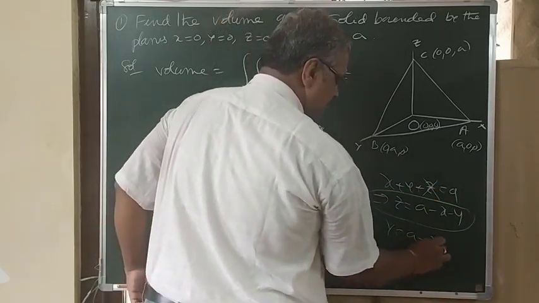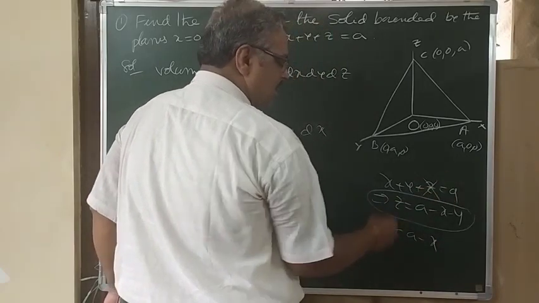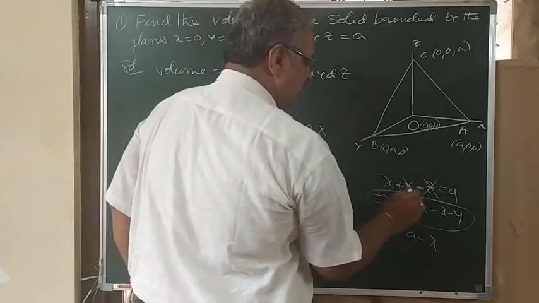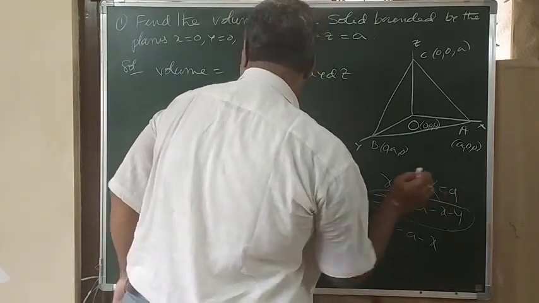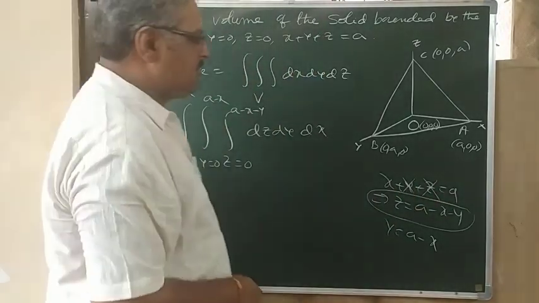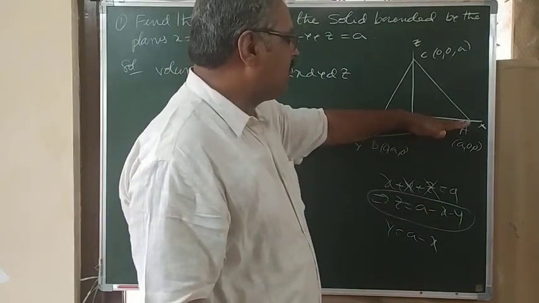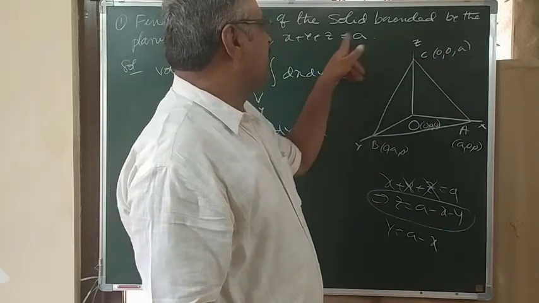It is a minus x. In a similar way, after finding the y limit, you simply remove y, and x equals a.